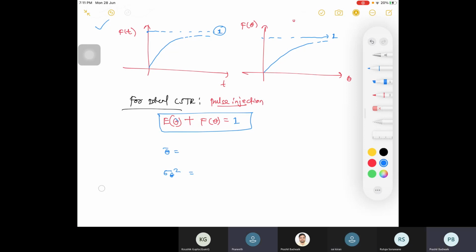Theta mean will always be 1, right? We are just finding the mean of your theta values. So here if I am writing theta, we will have theta less than 1, theta greater than 1, and theta equal to 1. So the mean will be theta equal to 1. So theta mean is 1.